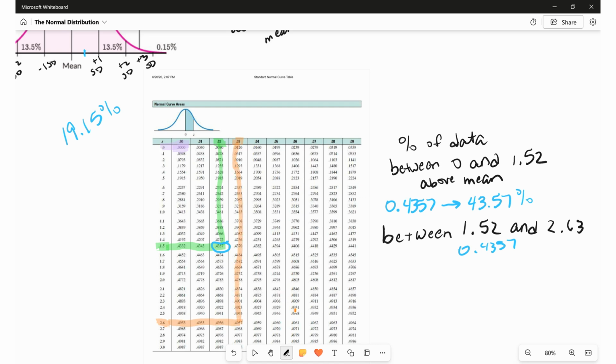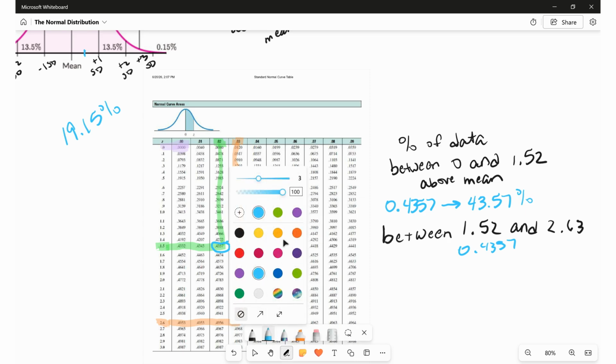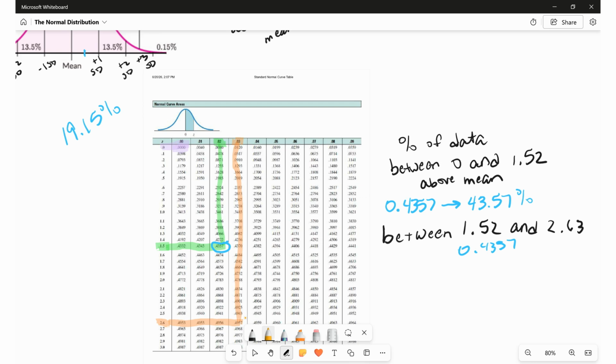Okay. And we can see that they meet right here. Let's pick a different color. They meet right here at 0.4957.